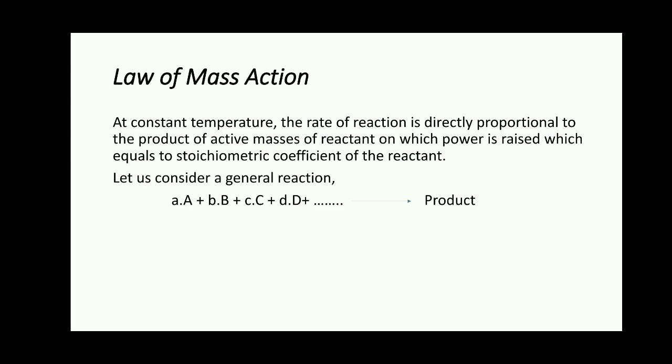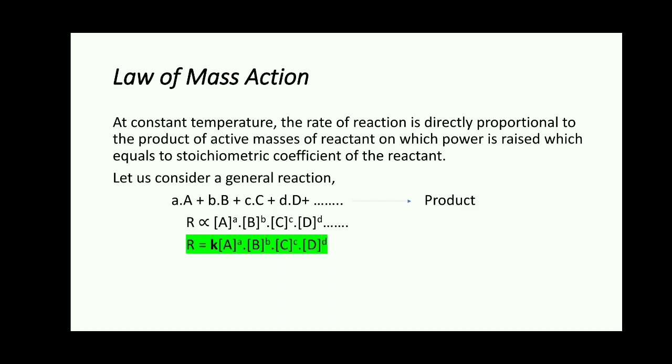Now how can we follow this definition? The rate of reaction is directly proportional to the product of active masses of the reactants, and the active mass is represented by the square bracket.